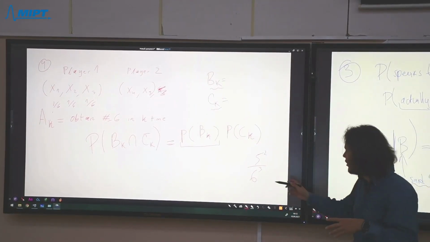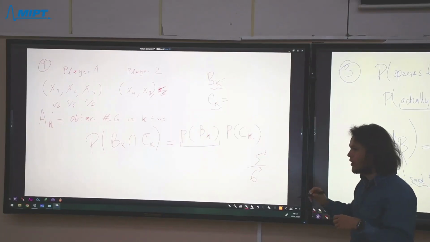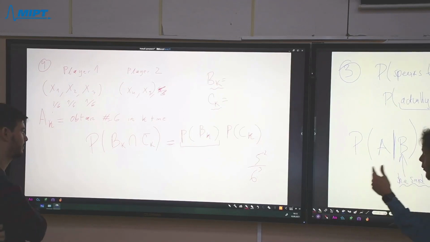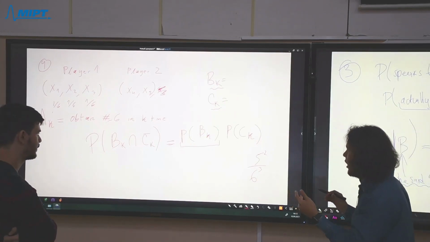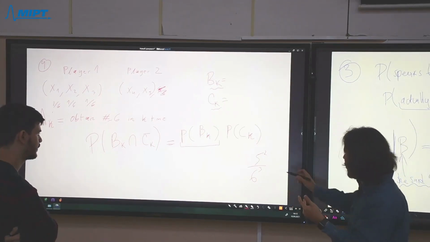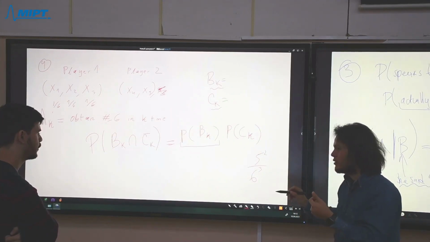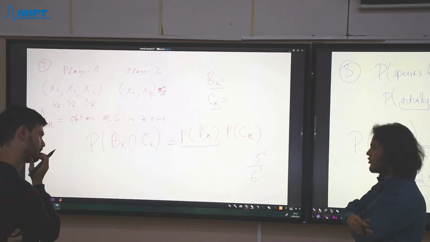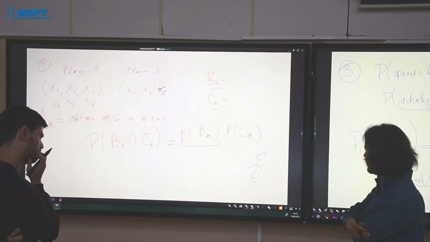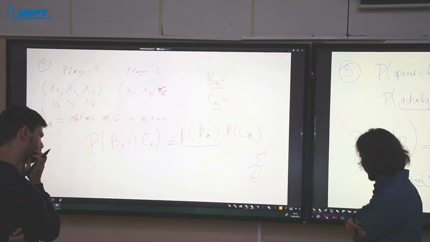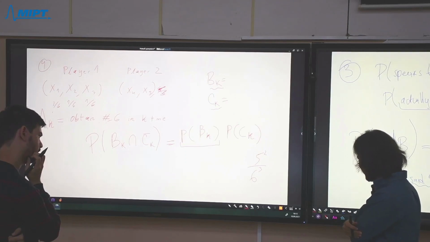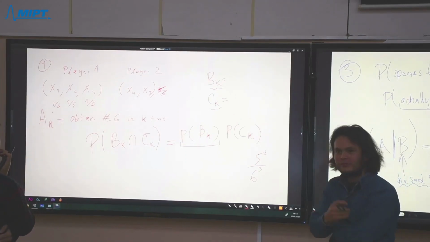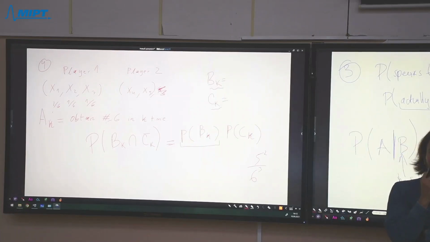We have 6 cubed, right? 6 times 6 times 6, one for every die. And how many of these are good for us? 5 squared? Actually no, because maybe we obtain 6 again. Okay, do you see it?